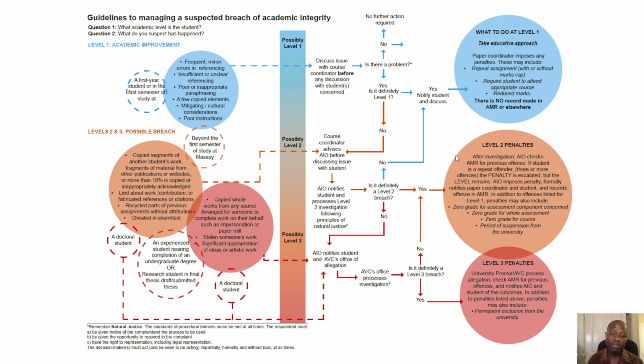But a doctoral student is much more serious because these people are supposed to be knowledgeable. If you are a doctoral student, or an experienced student nearing completion of an undergraduate degree, or a research student in a final submitted thesis, this one is level 3 now. It's also possible to copy all the work, wanting someone to do your work and you don't really do it properly, and within a certain context of your research you claim that it's yours when in fact it's not yours.